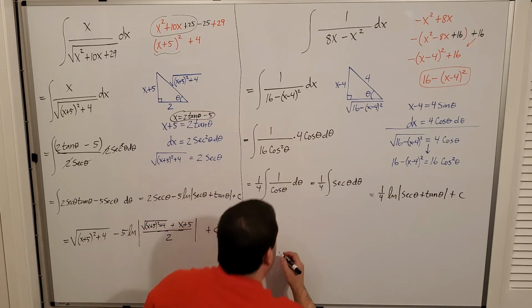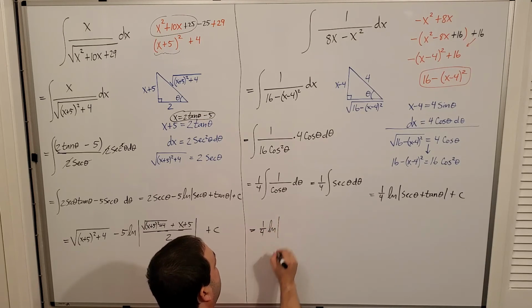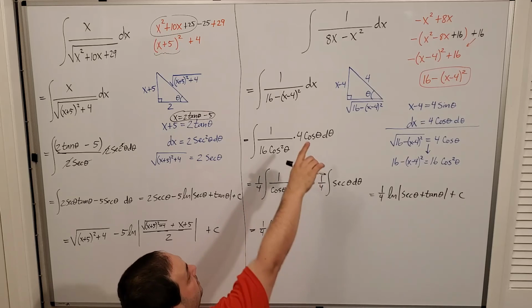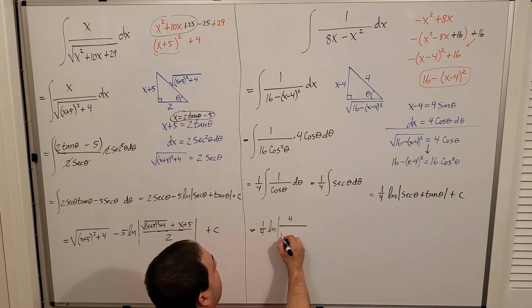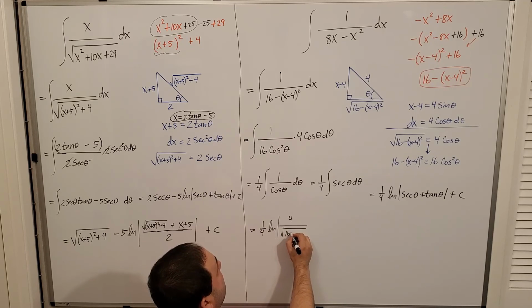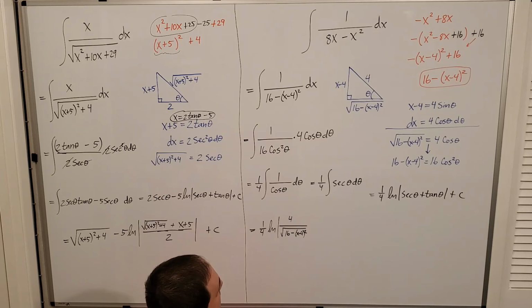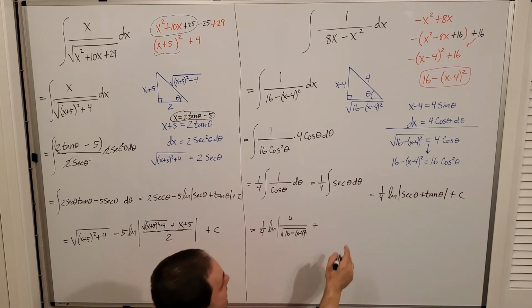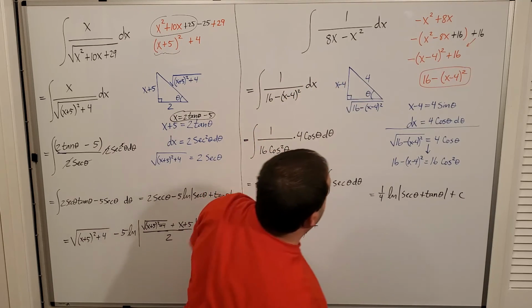Okay? So I've got 1/4 ln absolute value of 4 over the square root of 16 minus (x minus 4) squared, plus tangent theta, which is opposite over adjacent.